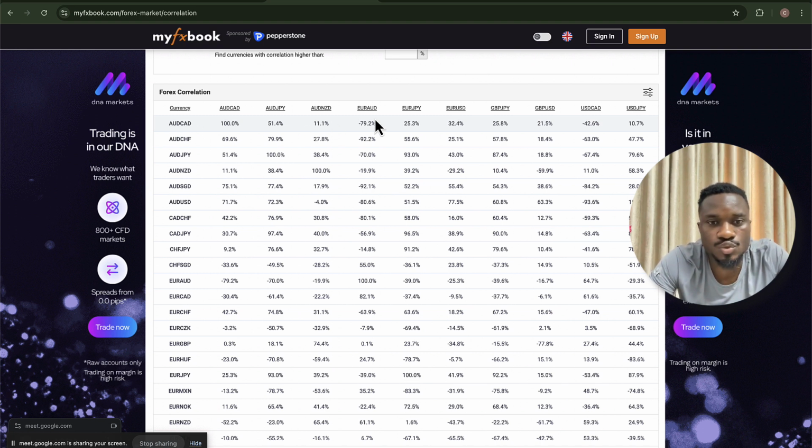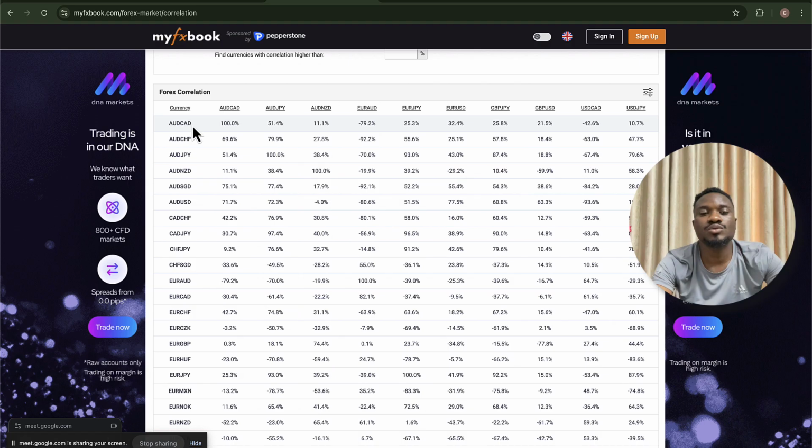Now, AUD CAD to EUR AUD, they are minus 79. That means if you are buying AUD CAD and at the same time trading EUR AUD, where Euro is the base while AUD is the base in AUD CAD, then if you are buying AUD and selling Euro, you are indirectly buying AUD.